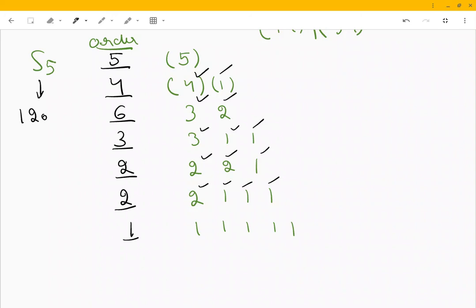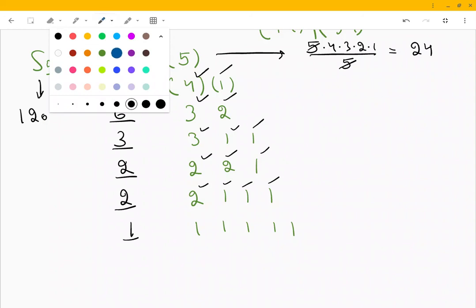And now let's see how many elements are there of order 5. It will be 5, 4, 3, 2, 1 by 5. Use the same logic above. This is 24. Then this next one.